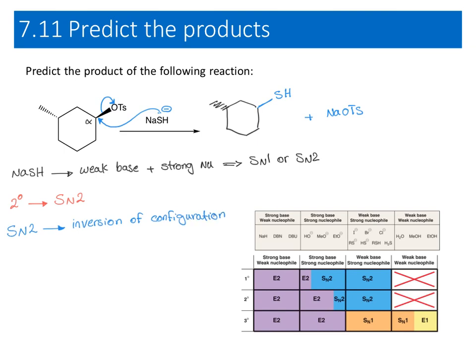So whatever the configuration was in the starting material, we need to flip that in the product. So the SH will be on a dash. Actually, let's redo it. So SH should be on a dash. So this is the major product for this reaction.